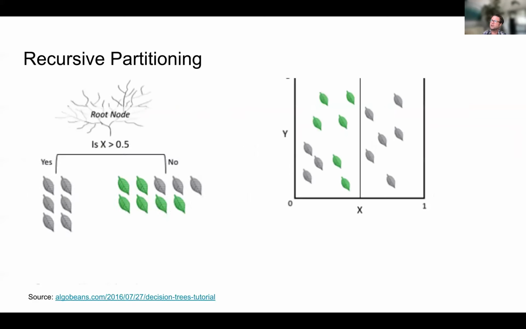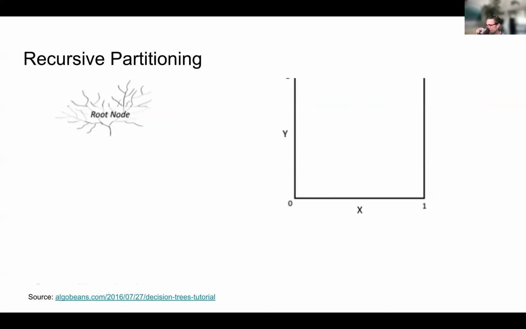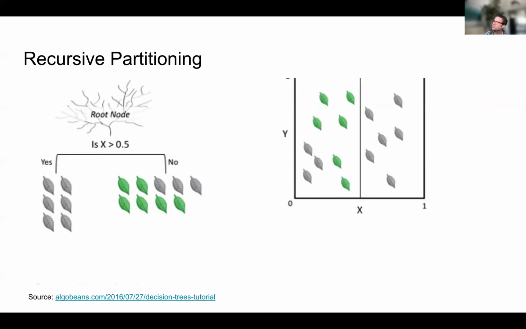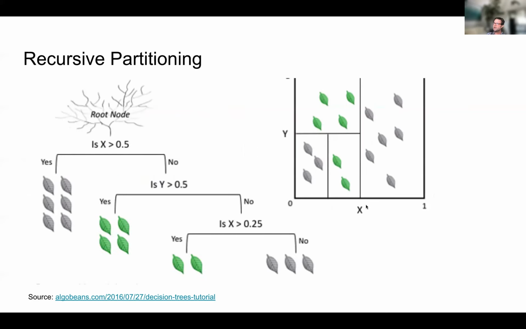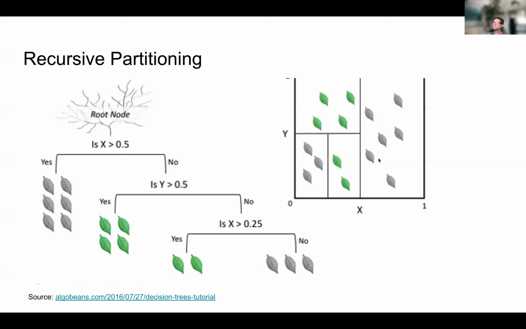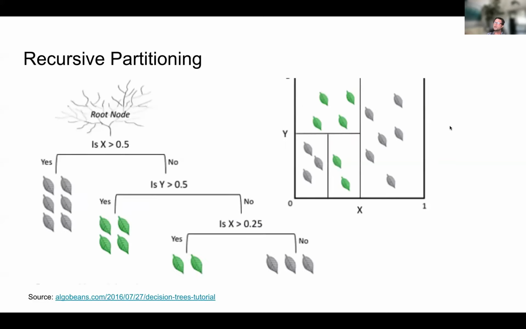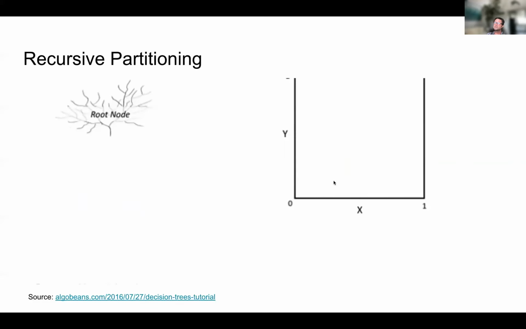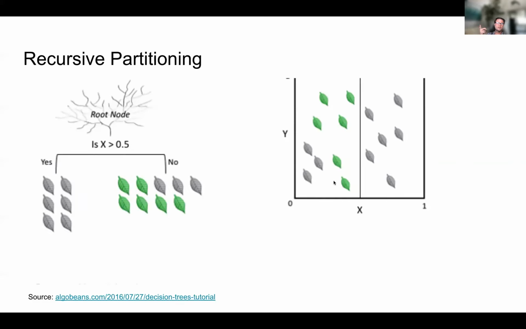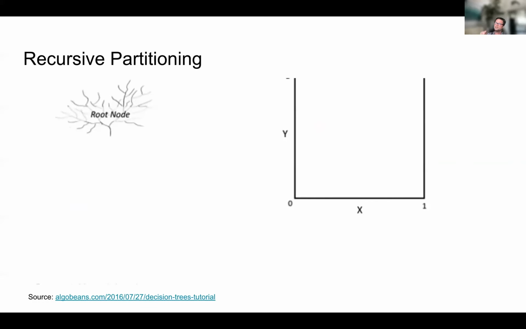So this is just a little animated GIF where you can see the data on some predictor X and then some response Y. Actually, I would say this is better thought of as two predictors, X and Y. And the response is the green leaf, either the tree is present, or a gray leaf, the tree is not present.